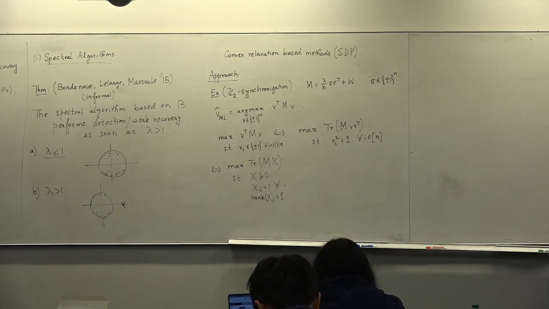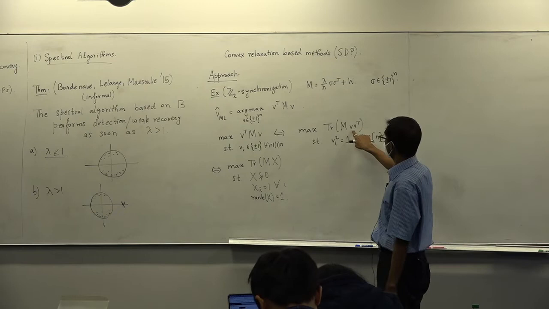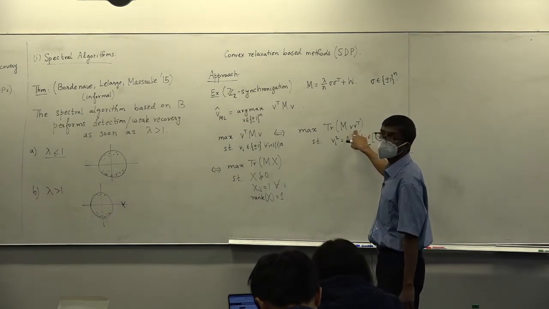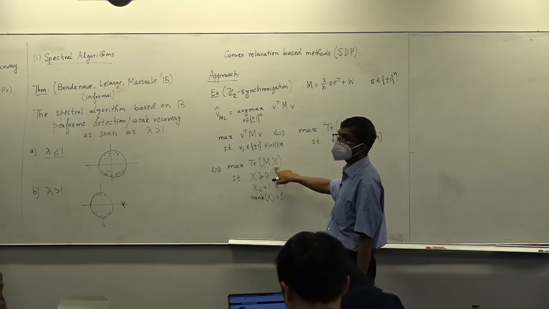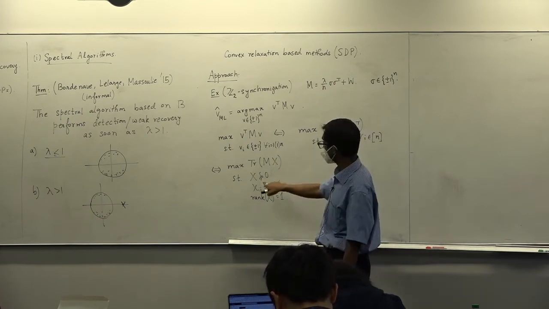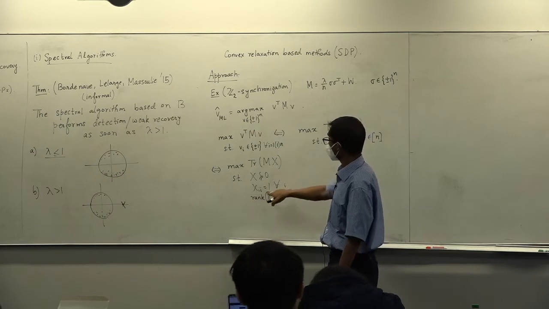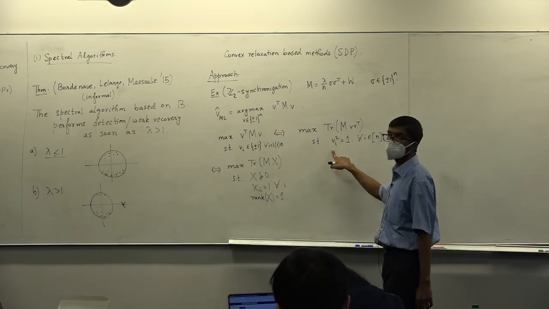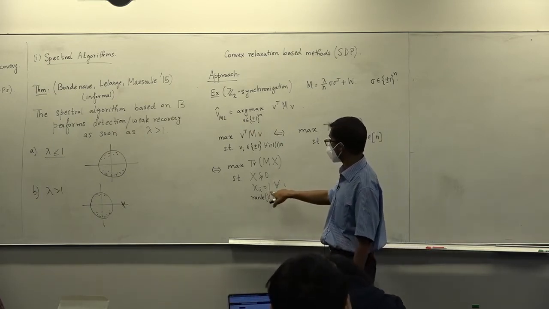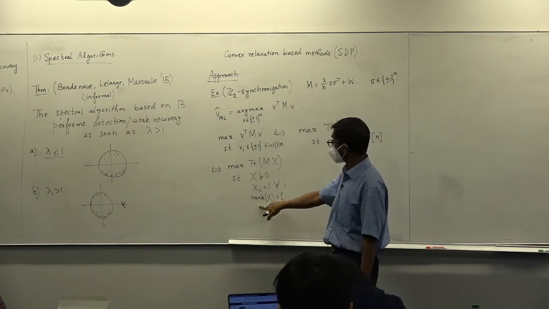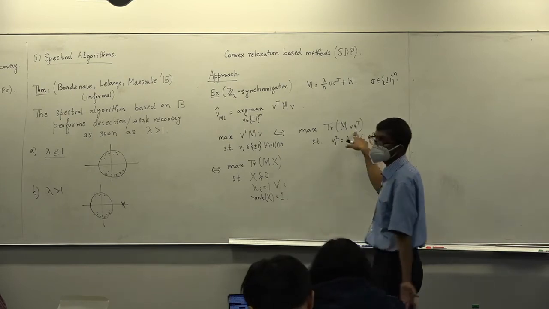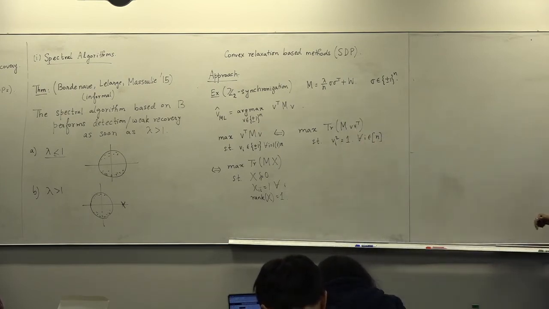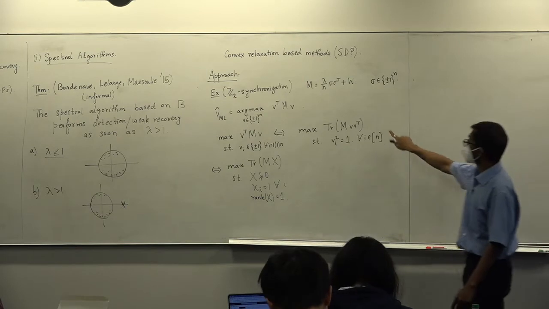So what I did here essentially is to take this matrix, V outer product V, and write it in terms of some matrix X. Naturally, this matrix is positive semidefinite. Its diagonal entries are exactly Vi squared, so I put in the constraint that they need to be equal to 1. And then if I have the rank constraint, X can always be decomposed as V V transpose. So these two problems are exactly equivalent.